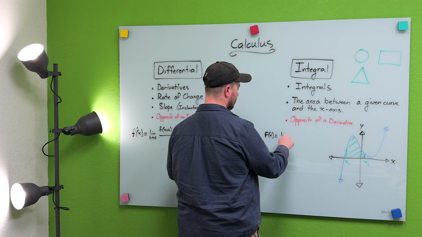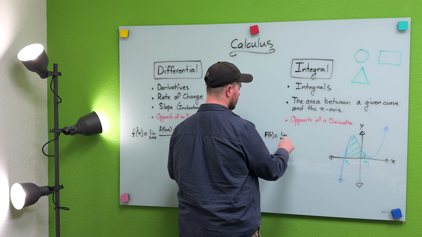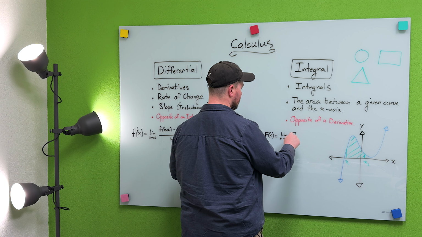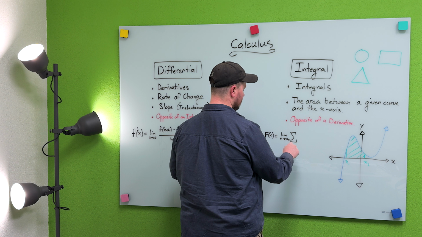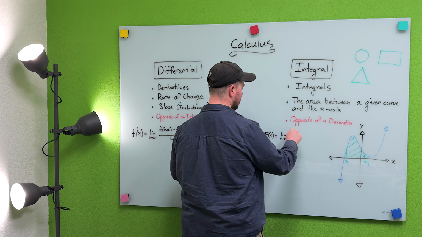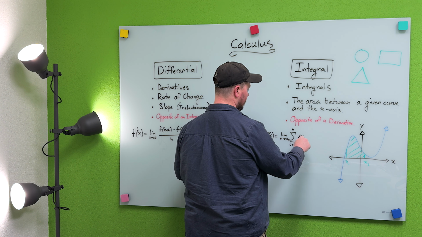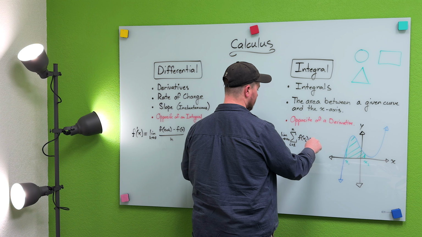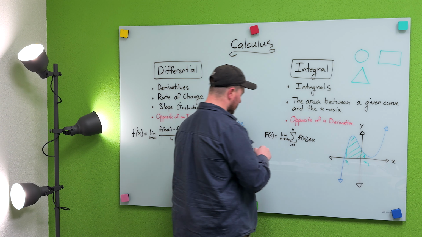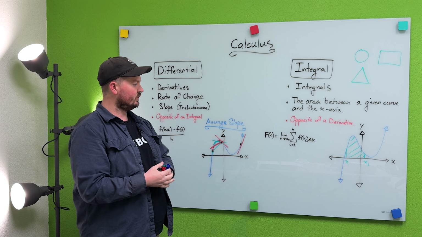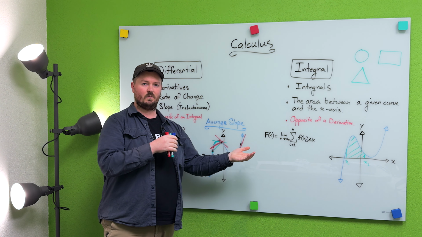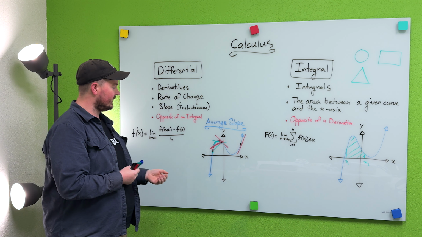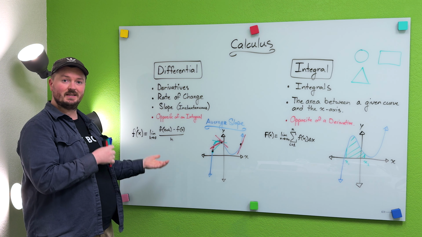the limit as n goes to infinity of the sum from, let's say, i equals 1 to n of f of x sub i times the change in x. So I don't want to get into the details of what this formula means in this video.